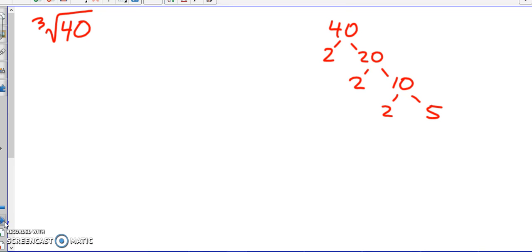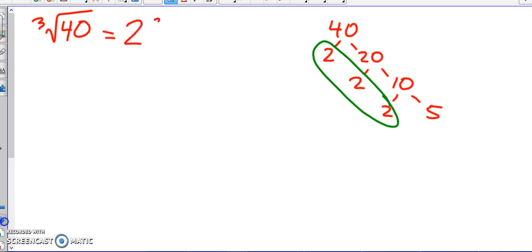But this time, instead of circling pairs like I did for a square root, since this is a cube root, I'm going to circle triples because that makes a perfect cube. Earlier we were pulling out perfect squares, so 2 of the same number makes a perfect square, 3 of the same number makes a perfect cube. So that 2 would go on the outside, and 5 would be left over on the inside, so this would be 2 cube roots of 5.